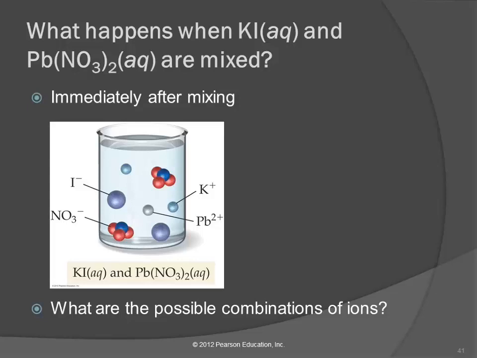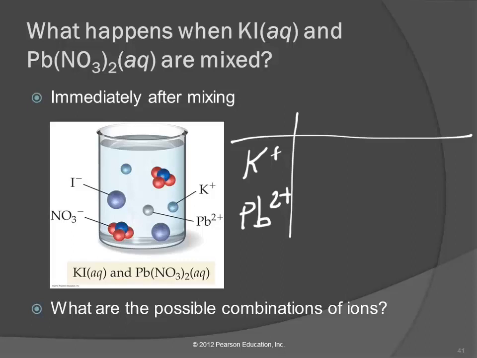Well, we could make a table to look at that. So we have two different cations. We have potassium ions and we have lead ions. And we have two different anions. We have I- and we have NO3-.